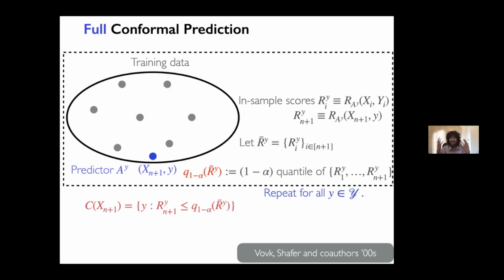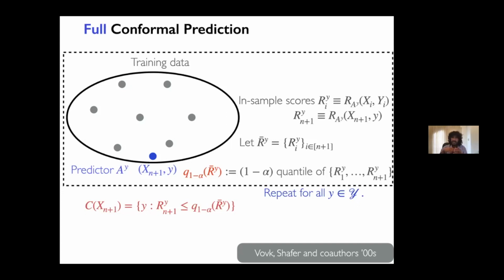So what's the broad intuition for this? If little y was, let's say, close to capital Y_{n+1}, then all of these are going to be exchangeable residuals, and this R_{n+1} will with high probability be less than the 1 minus alpha quantile of those Rs.